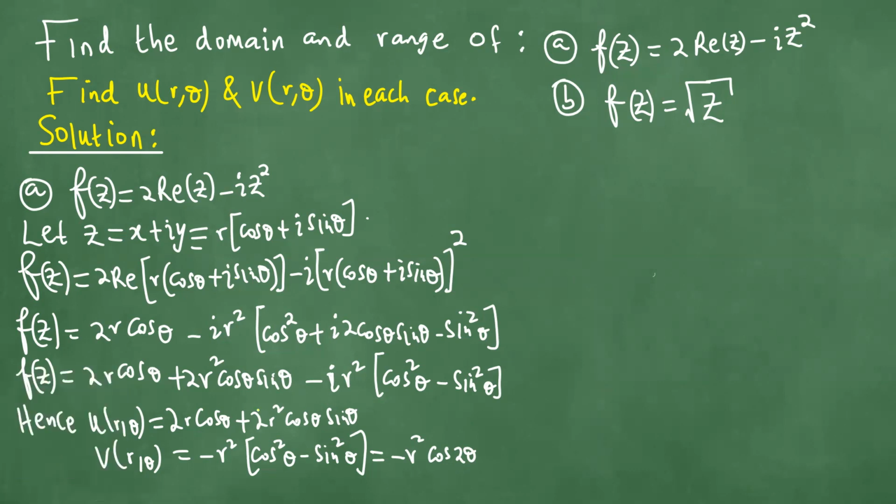Let's clarify that, because surely from both representations of the function, you can see that both of these are continuous everywhere. And therefore we can say that the domain is the set of all complex numbers, and the range is the same. The range is all complex numbers.